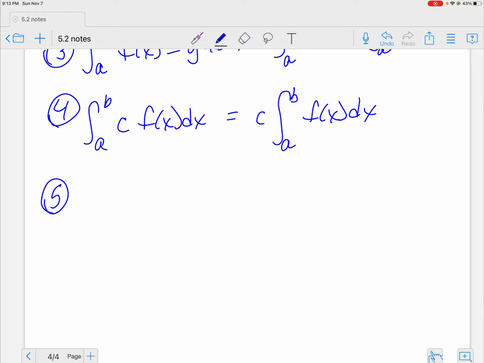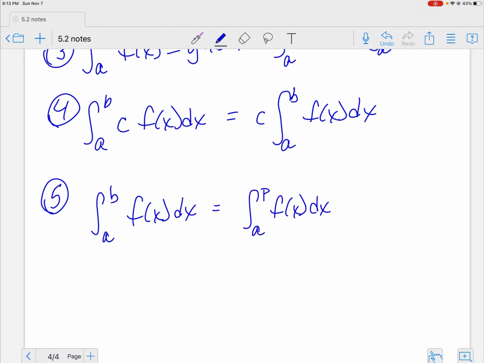Lastly, you can actually split up an integral. If it's kind of wonky as you're going through there and it's easier to work with this as split up, you can find some value in the middle here. We're going to call it p. So I'm going to go from a to p of my function plus, because it's just area, right? P to b of that function.